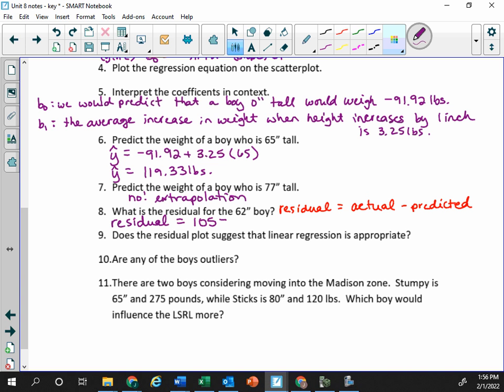Go ahead and plug that 62 into the formula to get the predicted. Good. Predicted is 109.58. So your residual then is negative 4.58. So make sure you remember that the residual is actual minus predicted.